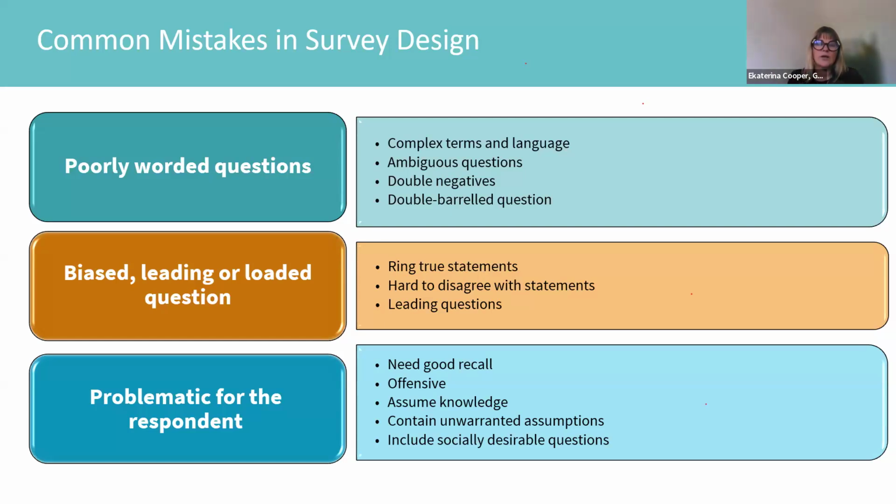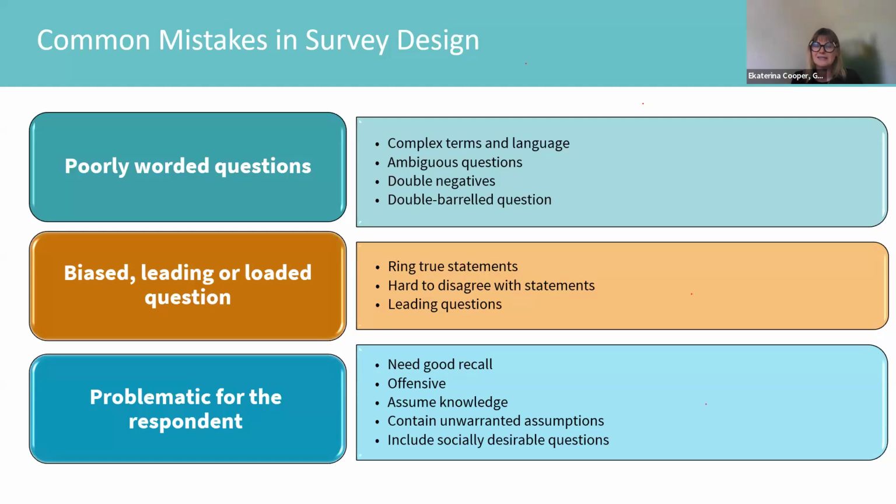And of course, we have to bear in mind who our respondents are and ensure that the questions they have in front of them would still make them feel good. So questions should be non-offensive, and they shouldn't assume any language. We talk about complex terms, but we also want to understand that our participants may have different skills, abilities, and levels of knowledge and education.